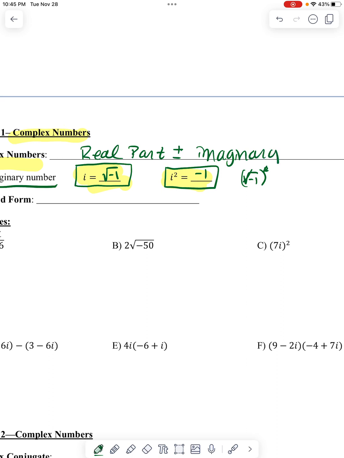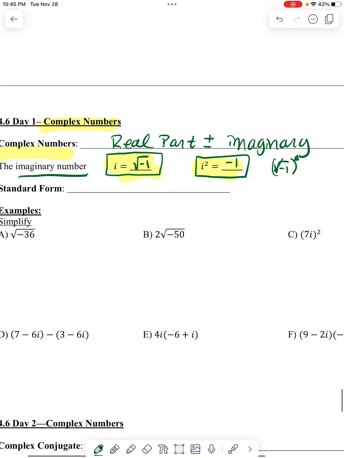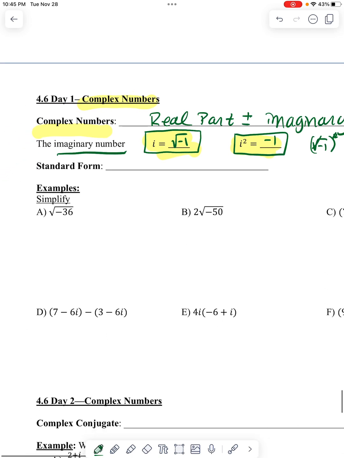So it has both a regular part and then a number with i. So the form that it comes in is something and then either plus or minus something i, where this is the real part and this is the imaginary part. But it's not really imaginary, like an imaginary friend. It's just called that, which is unfortunate.